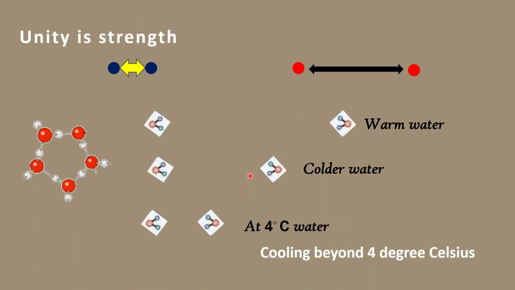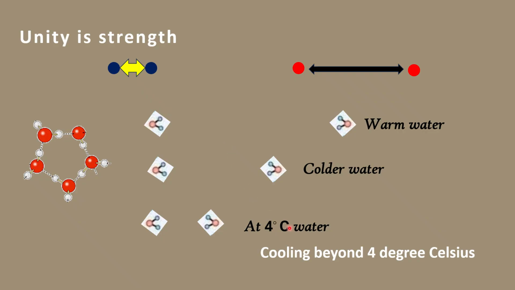So, did I say where there is a will, there is a way? There is another thing they teach us: unity is strength. They teach us two things. Where there is a will, there is a way, and unity is strength.